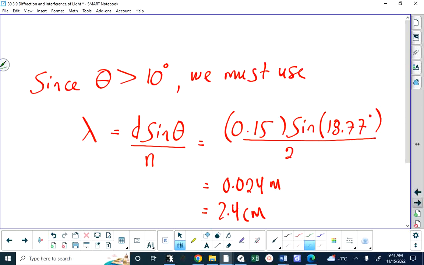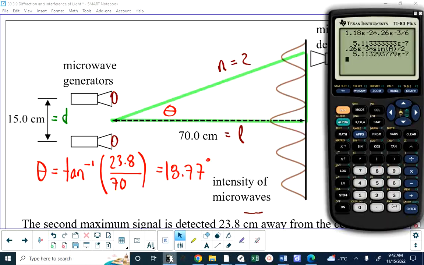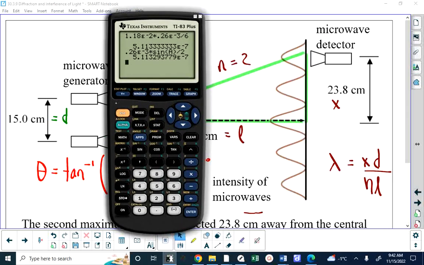Okay. What would have happened if you didn't do that check here? Well, somebody might have looked at this question and said, well, here's X, here's D, here's L, and N is 2. And if you use lambda equals XD over NL, you'll get a significantly different answer than the 2.4 centimeters.